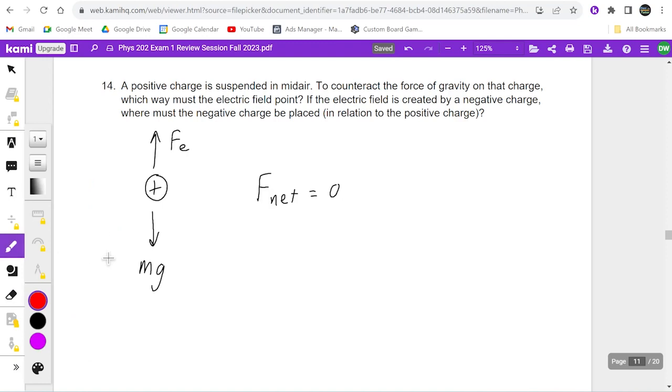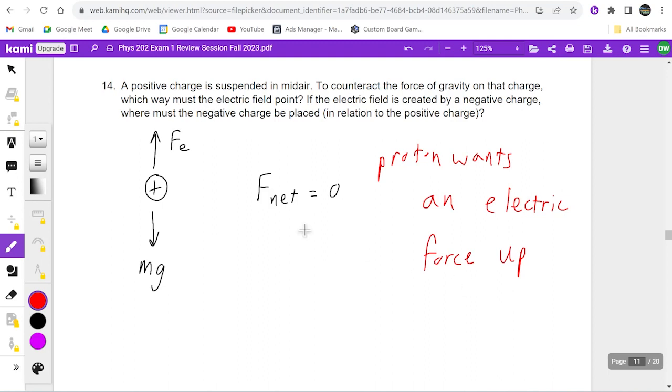We said that already. But it also points in the direction that the proton would want to go. Which way does the proton want to go? Proton wants an electric force up. That's what the little Fe is. The proton wants an electric force up. That means the electric field must point up.